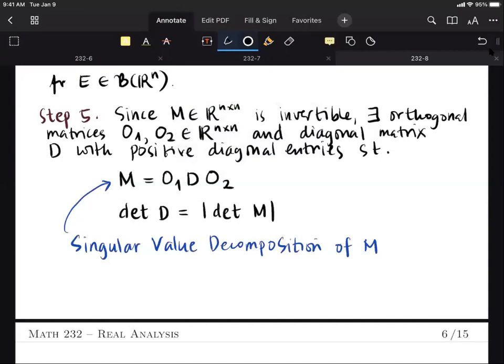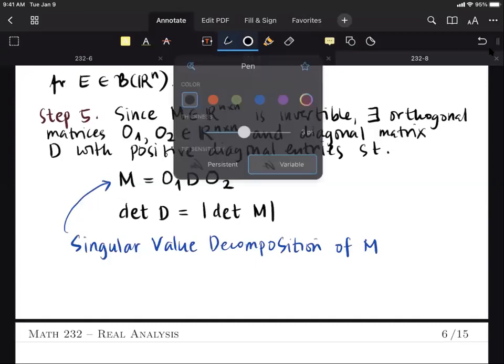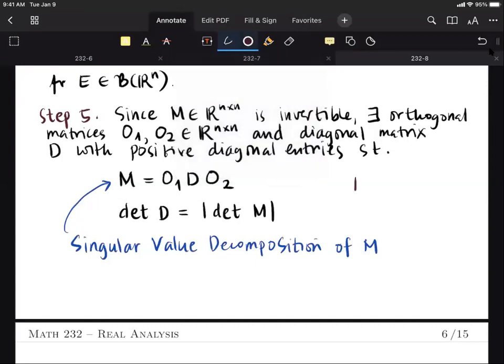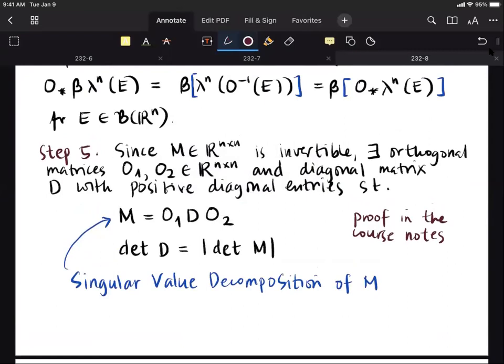And it also holds for matrices having complex values. However, for this specific square real valued invertible matrix, a proof was given in the course notes. So those who are interested, you can look at the proof provided in our course notes.